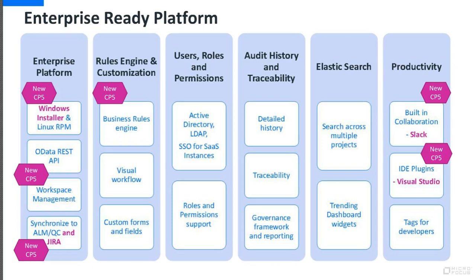Audit history and traceability are, again, key enterprise aspects in terms of tracking, traceability and reporting capability, something that we go in ground up with. And Elasticsearch is an open source component that we have embedded into the platform. Elasticsearch allows us to search through all the aspects, the texts, the comments, and identify similar defects, similar requirements, and similar tests.